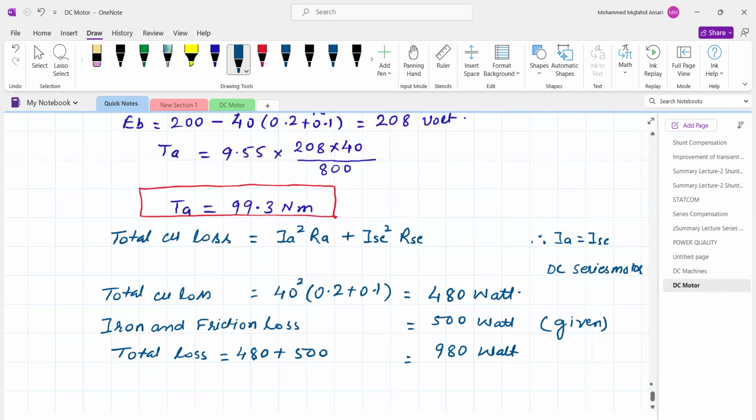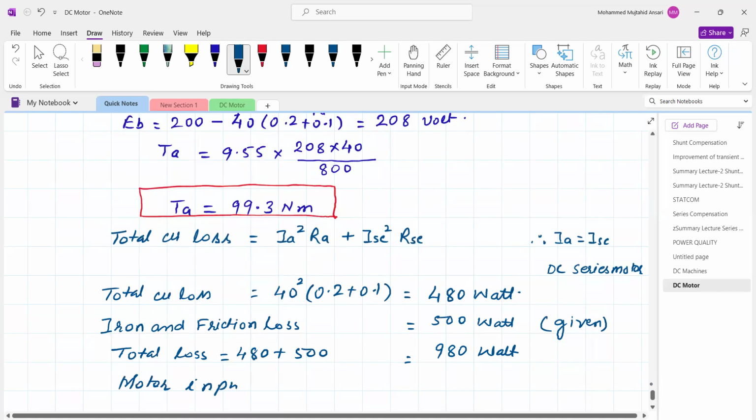Now motor input, which is equal to voltage multiplied by current. Armature current or load current is there.